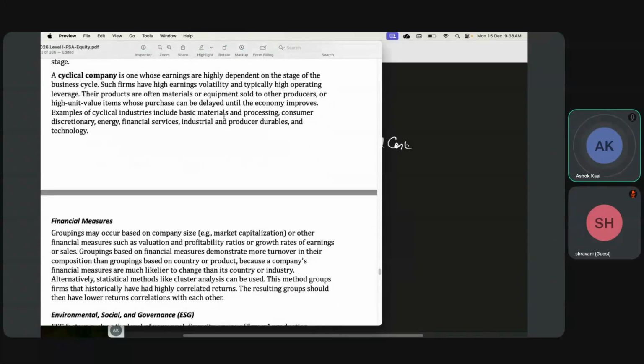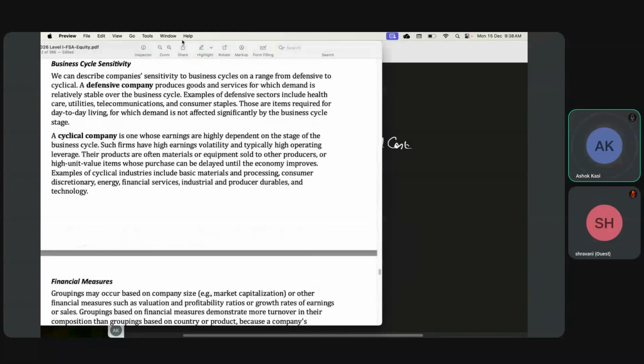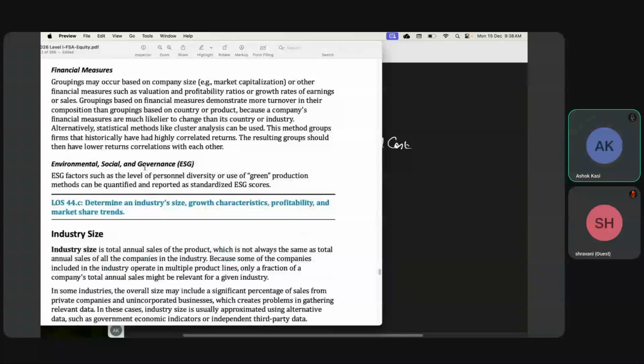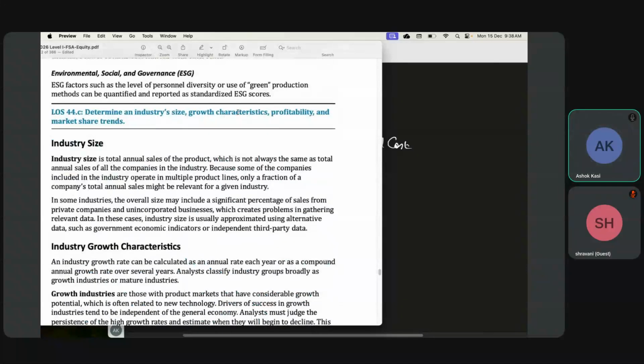Easy, also interesting one. Cyclical defensive company means what? Like pharma and FMCGs are defensive companies, because no matter what, people will demand, be it recession or not. Cyclical is during a bull run it will do well, during off season it will not do well, like an automobile company. Then ESG is also self-explanatory.